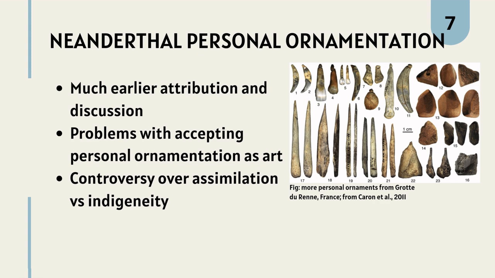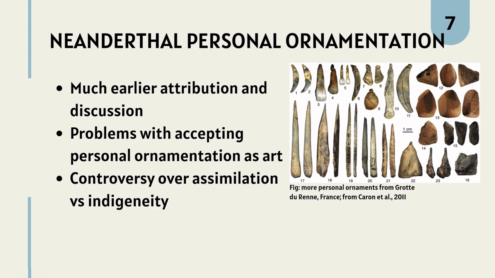Some researchers argued that Neanderthals only learned how to make personal ornamentation through assimilation from Sapiens. The Neanderthal personal ornamentation from Grotte du Rhin, pictured here, was often either attributed to Sapiens or heavily argued as evidence for assimilation by Neanderthals, as the stratigraphy from the early excavations at the site wasn't clear and many layers had mixed together.